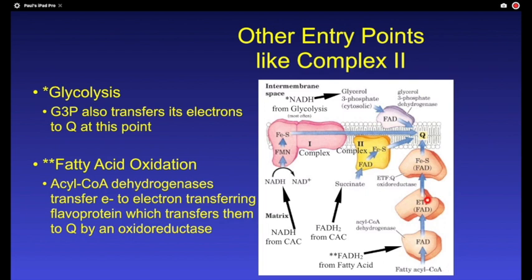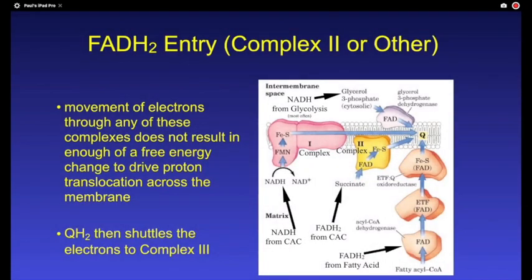As we break down fats, we will send electrons to FADH2, which then will go into Q. So it's a little bit more complex, but we can enter the FADH2 from the citric acid cycle. We can enter the electrons from glycolysis that are given in the cytosol, and then fats play into this, and we'll come back to that in, I think, 2 chapters from now. At this point in time, we have electrons in the form of QH2 that can go to complex 3.